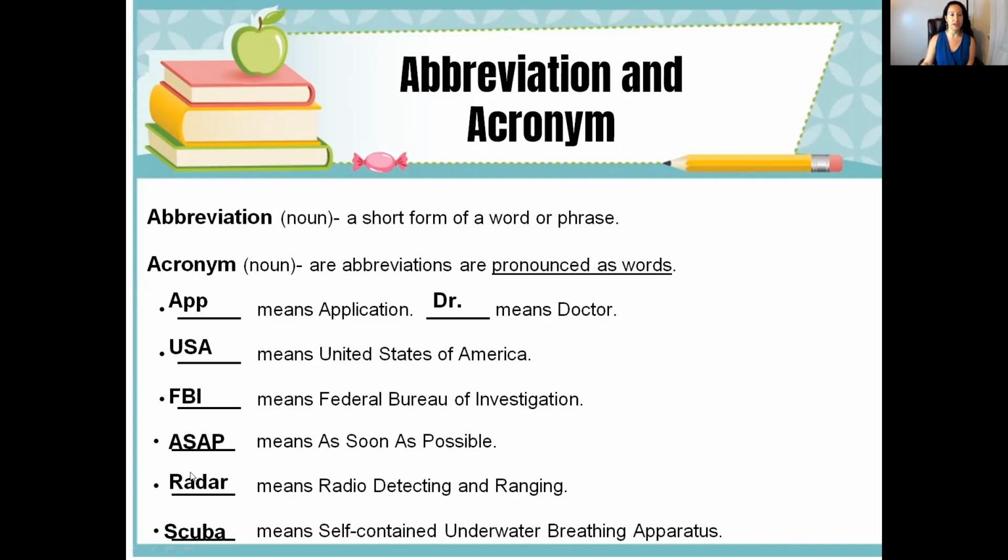These last three, ASAP, radar, and scuba, are acronyms because we pronounce them as words. But they are actually abbreviations, but we pronounce them as a word. So I bet nobody knew about radar and scuba, but I'm sure everyone knew about ASAP, right? Okay, let's continue.